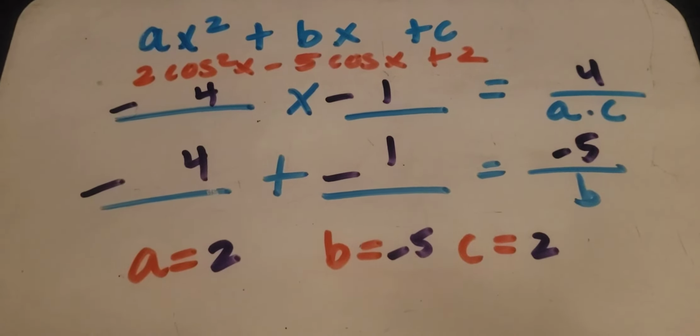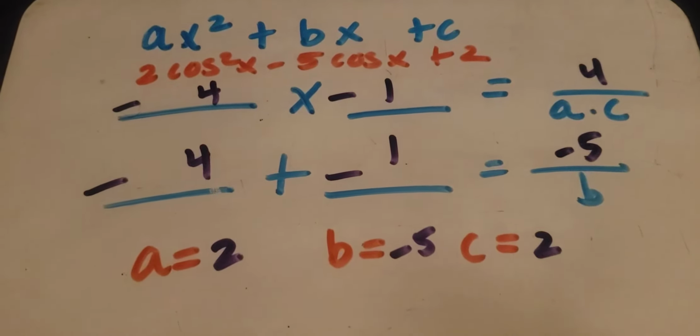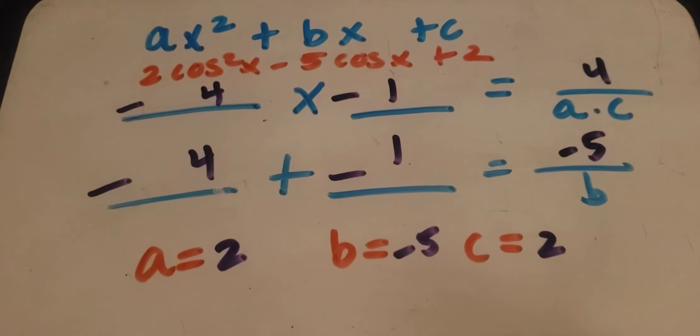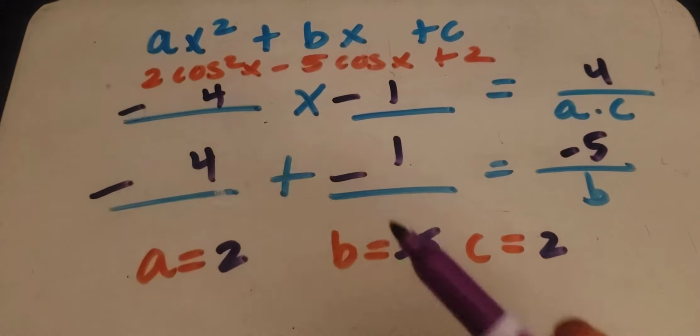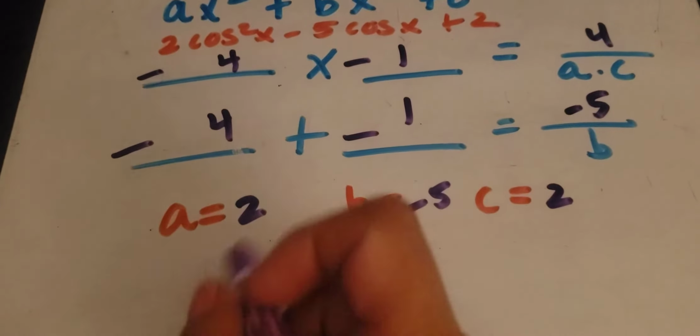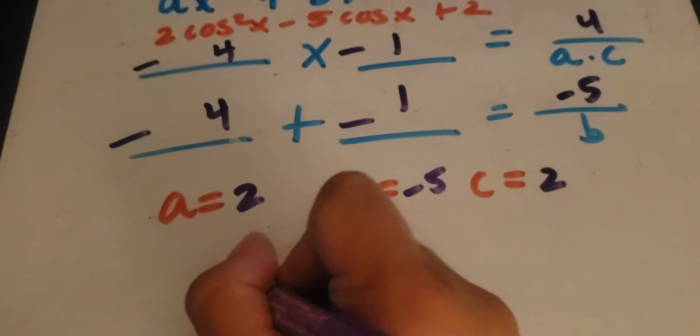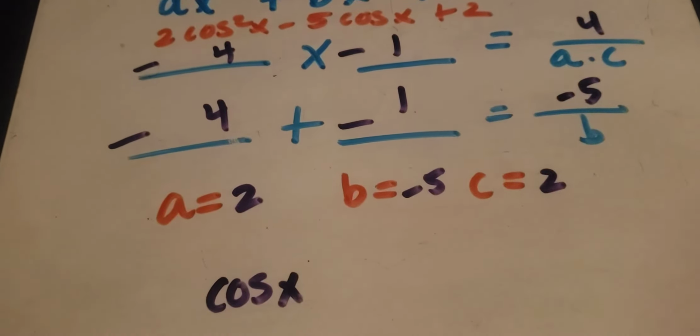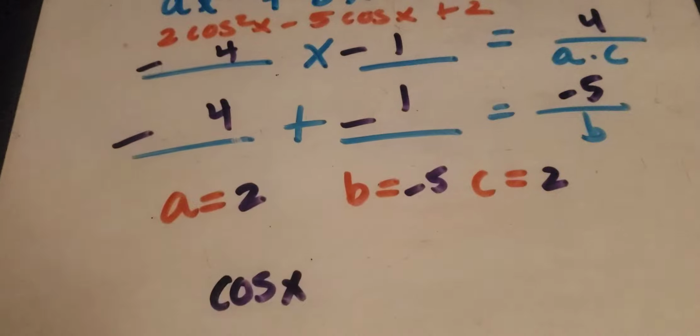So how do we write this? Again, this is like an Integrated 3 concept, and we used it a couple times. But when it comes to factoring, the way you write it would be this way. Cosine of x, and then you want to write down your factors.